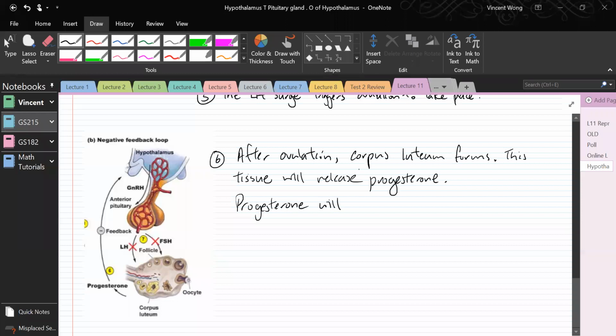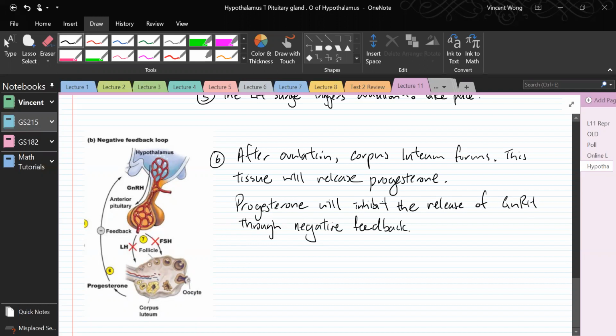Progesterone will inhibit the release of GnRH through negative feedback this time. Okay, we already have an egg in the fallopian tube. We don't need another one for the time being. That's why we have to shut down the release of GnRH.